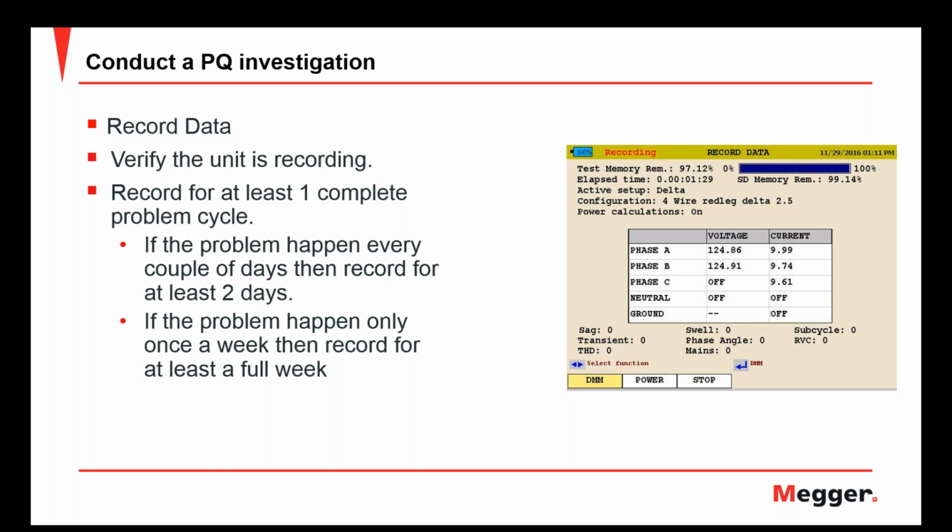We also want to make sure that we record for at least one complete cycle of the problem. And what I mean by that is that if someone tells me that they're having a problem with a piece of equipment that's tripping offline, now I'm going to ask them how often does it happen. If they say it happens every day, well, I've got to record for at least a day. If they tell me it happens once a week, I have to record for at least that week.